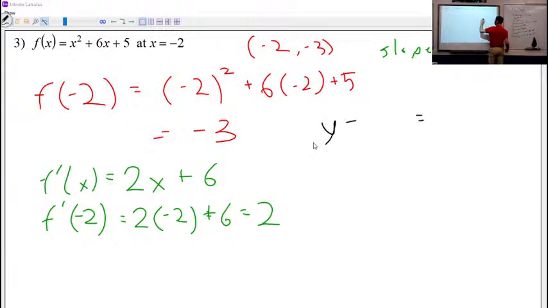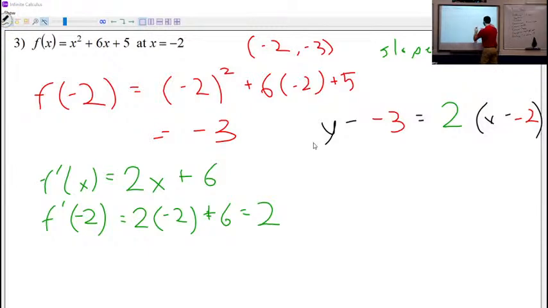y minus the y coordinate equals the slope times x minus the x coordinate. And this is going to end up being our final answer here. y minus our y coordinate, which was negative 3, equals our slope, which turned out to be 2, times x minus our x coordinate, which turned out to be negative 2.